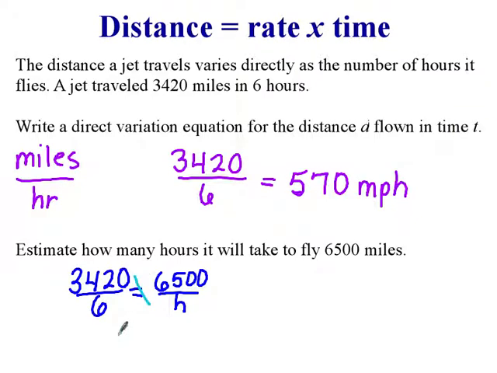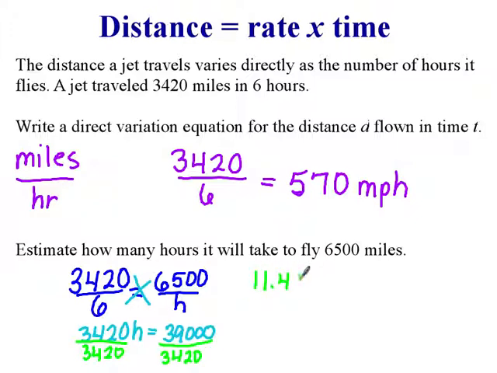So what do I get here? 3,420h equals, what does this give me? 39,000? So then how do you solve it for h? Divide by 3,420. So how much will I get for time? 11.4 hours, okay?